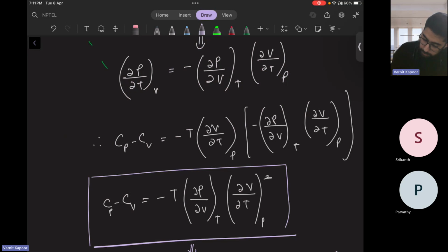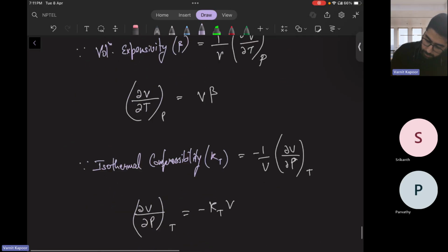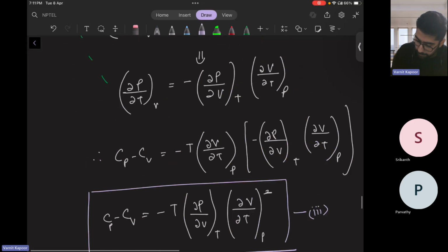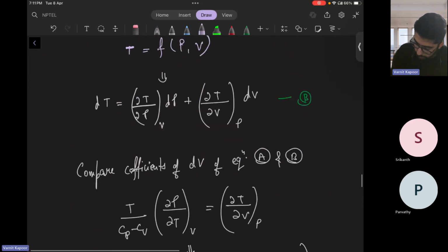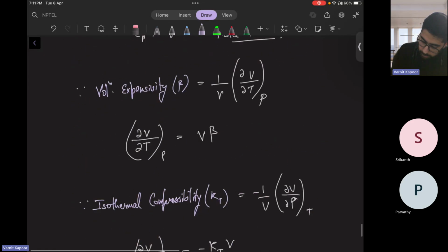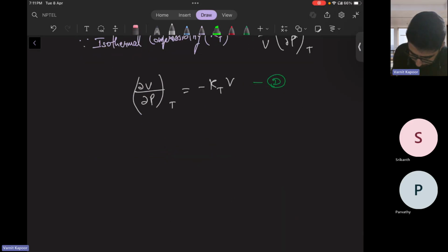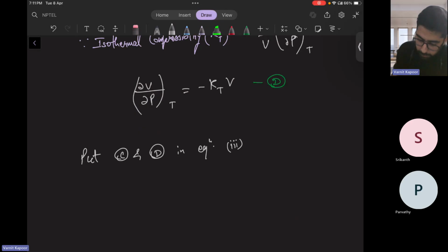Suppose this equation is equation number 3. We'll call the two values C and D. Put C and D in equation 3.